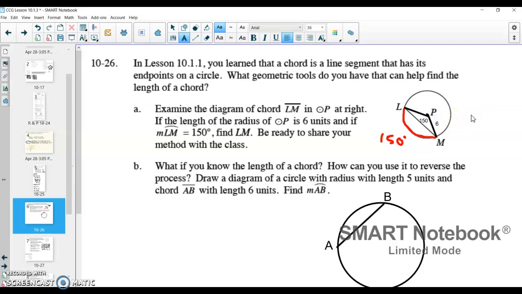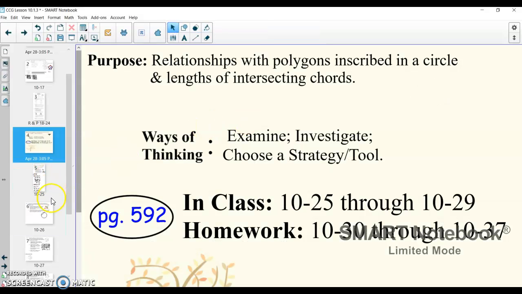But what else we know about these circles is that a perpendicular bisector will bisect the chord and that angle. And so I'm going to try to put in a perpendicular bisector here.